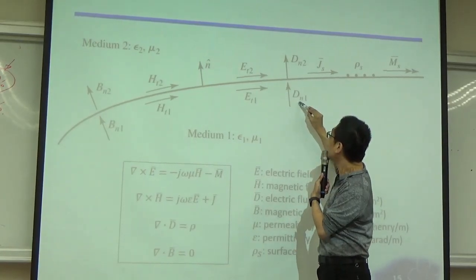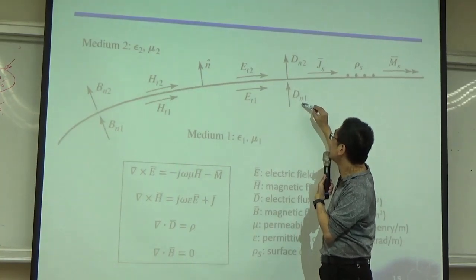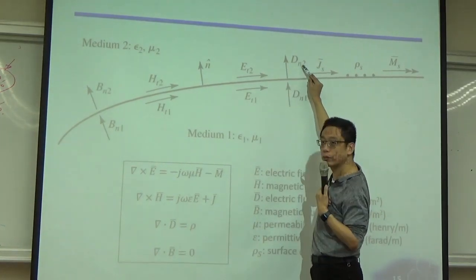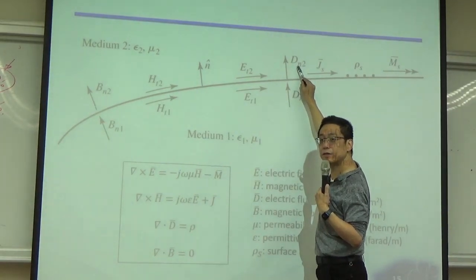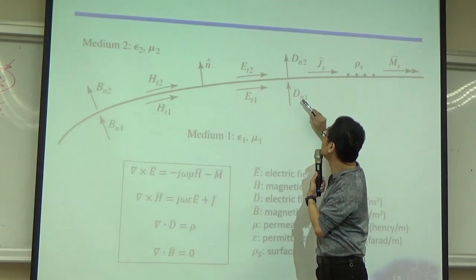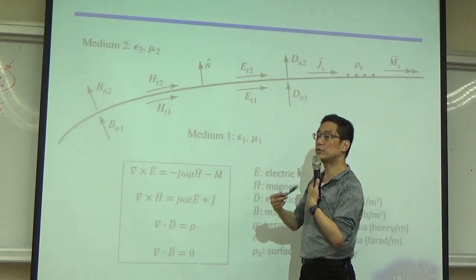Why do we write down not only D1 and D2, but also Dn1, Dn2? Why? Like 1, 2, 3, 4, 5. Don't know? This N. Okay, I will try to remind you of that.